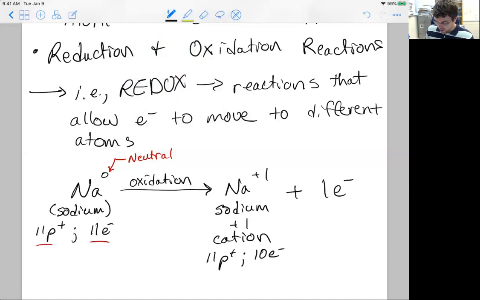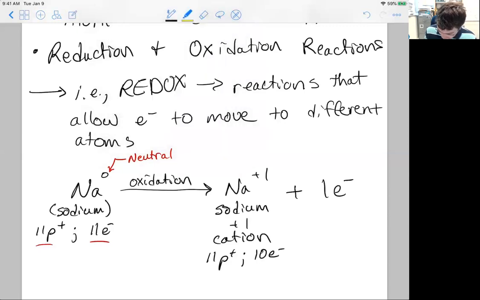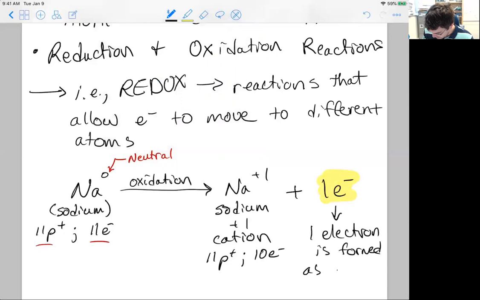If you look, the number of protons and electrons on both sides is now equivalent if I have a 1 electron. Now what this means is 1 electron is formed as a product.